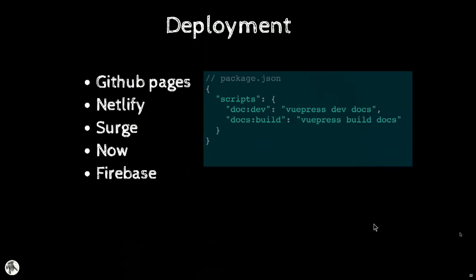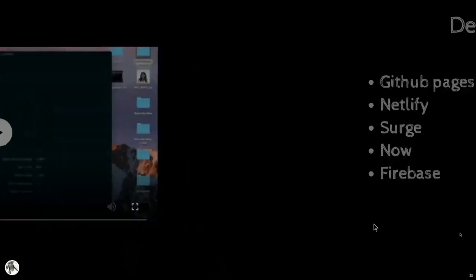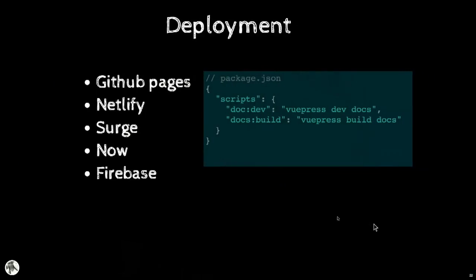For deployment, it's really very easy. After you already have your content ready, all you need to do is add this simple script. The docs dev is for development, and docs build is to build for production.